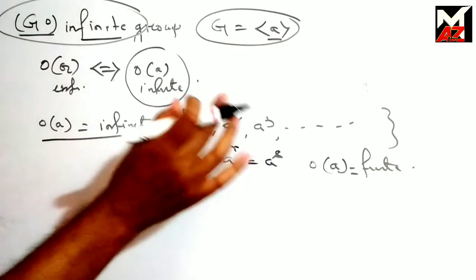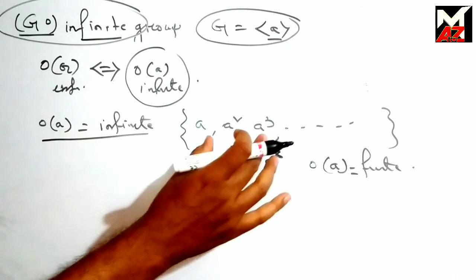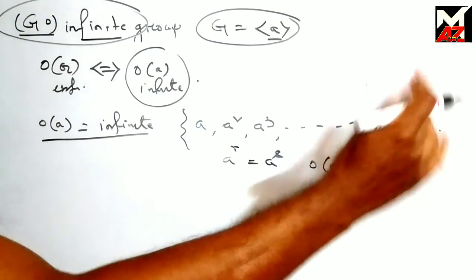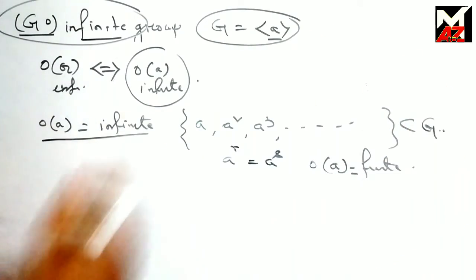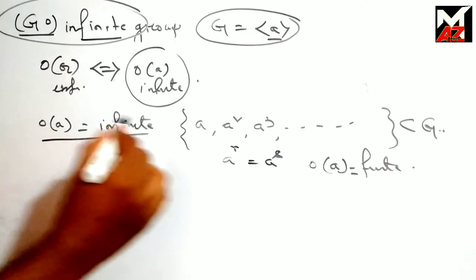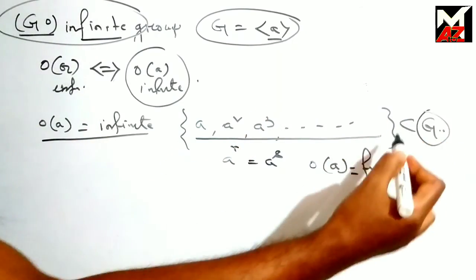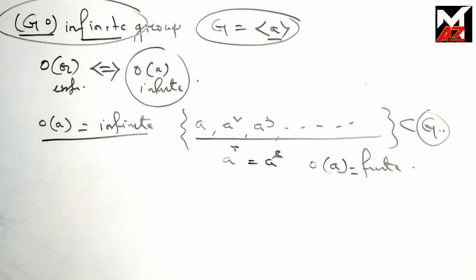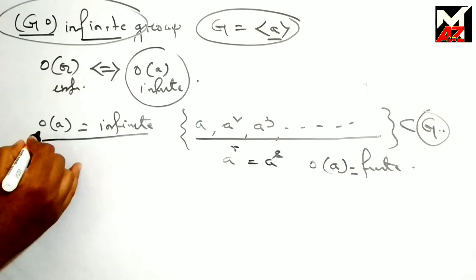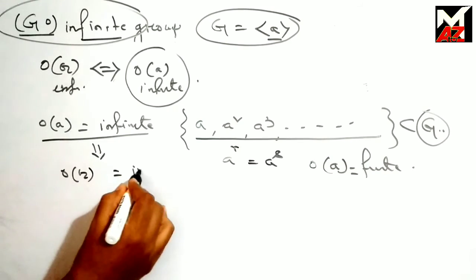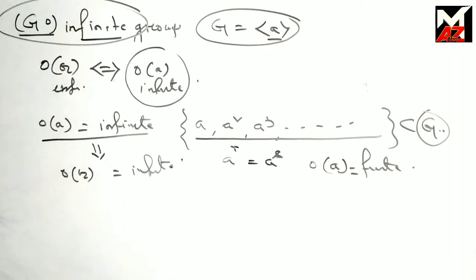So this set must be a subset of the group G, and it has an infinite number of elements. So the superset must have an infinite number of elements. So this implies the order of G is also infinite.